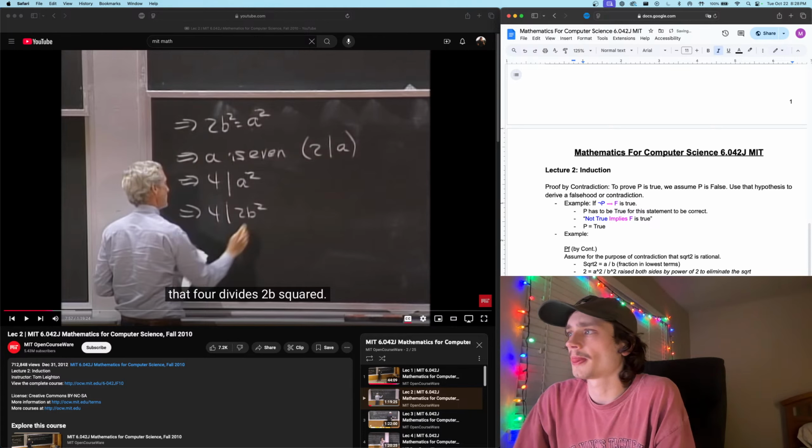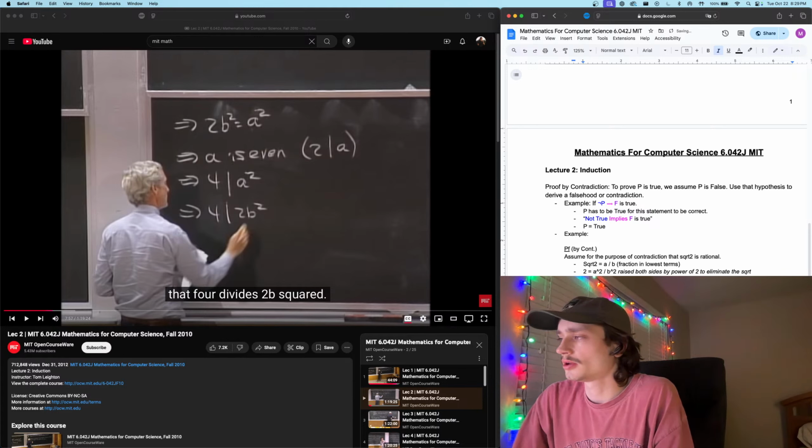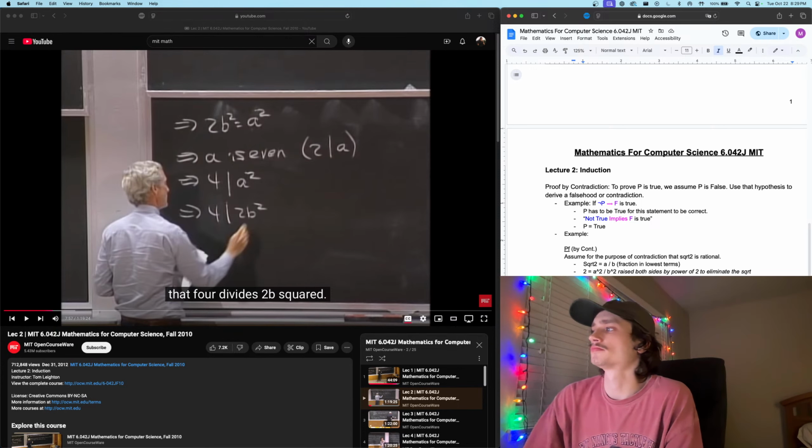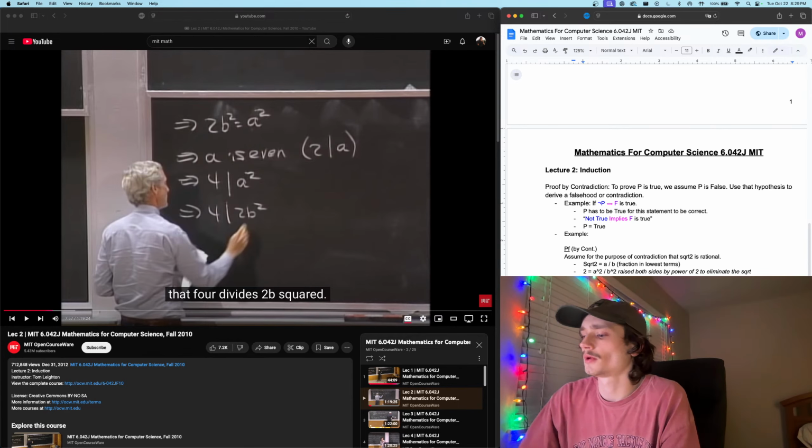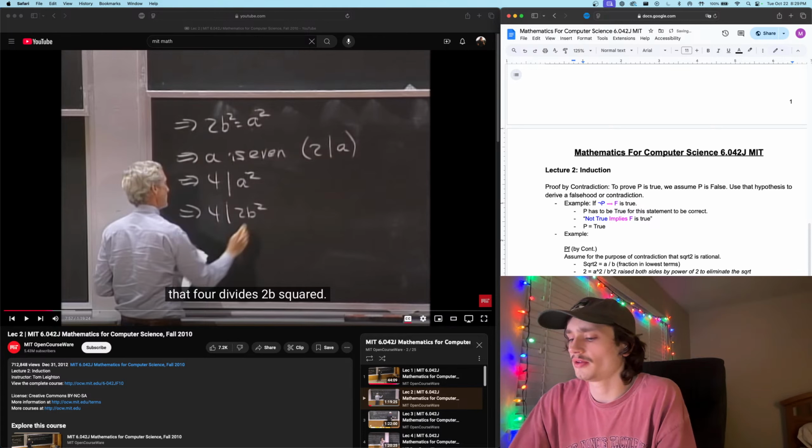So this, by moving, divide both sides by 2. 4 divides a squared.